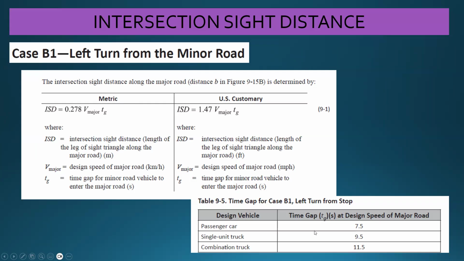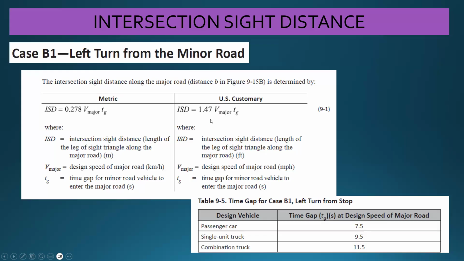For a passenger car, it's 7.5 seconds, meaning within 7.5 seconds the driver can decide to enter the intersection. So again, it's just the product of these three values, 0.278 times the speed of the major road times the time gap. Then we will be able to obtain the intersection sight distance.